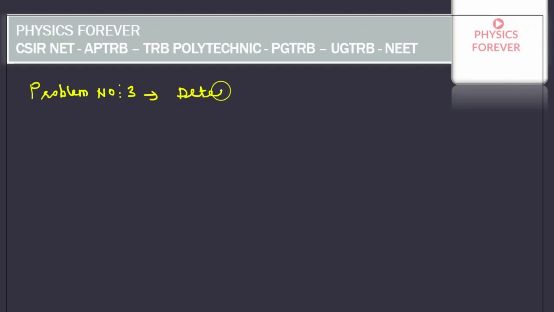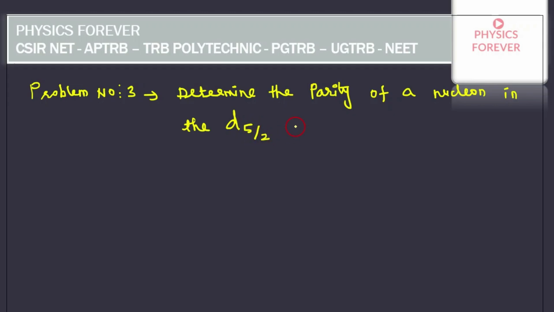Then determine the parity of a nucleon in the D state and J value 5/2 state. Okay, so then solution.